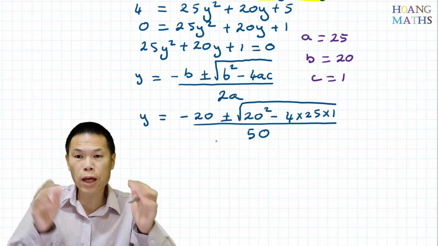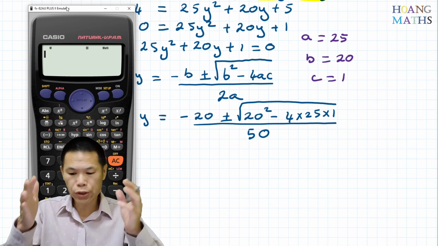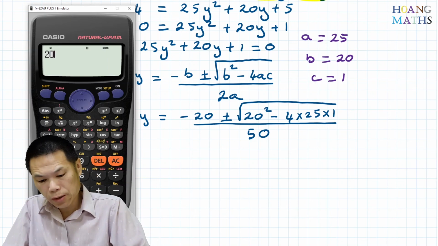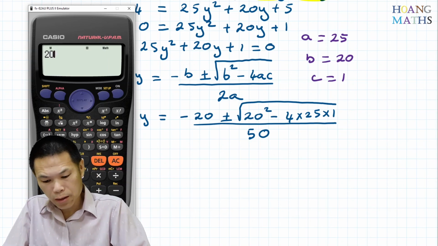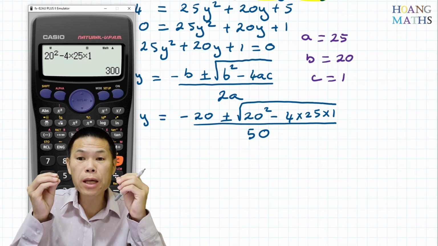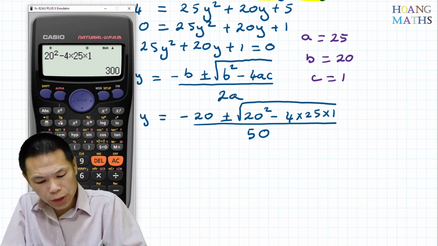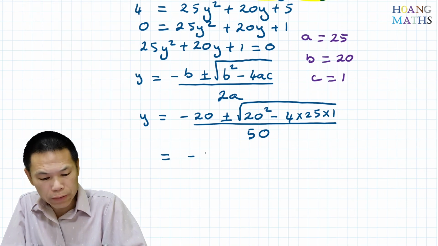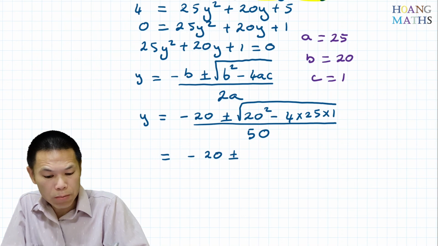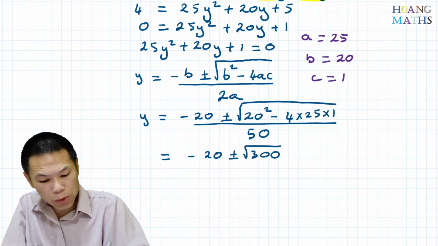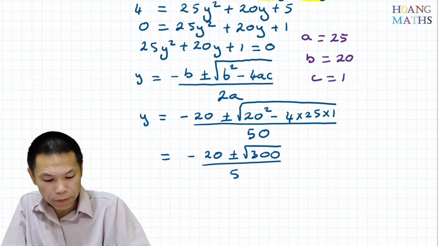So now I just put that on a calculator. So I just go 20 square minus 4 times 25 times 1. So that give me 300. So I just write this down, is equal to negative 20 plus or minus square root of 300, of course, over 50.